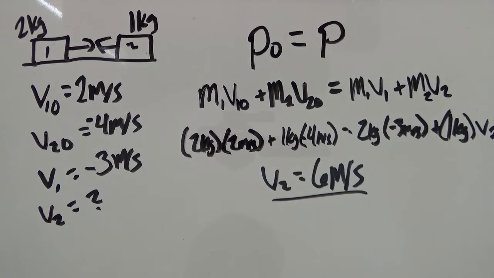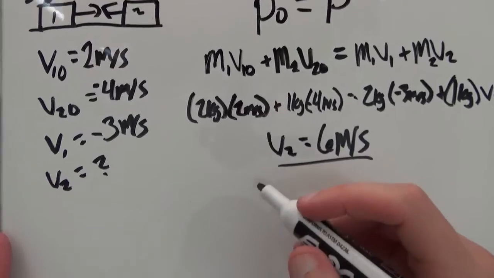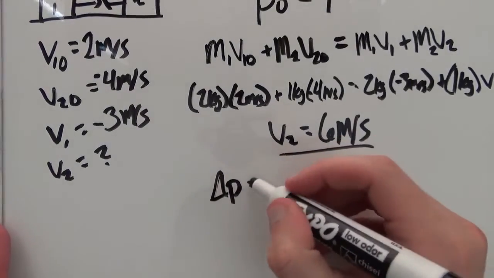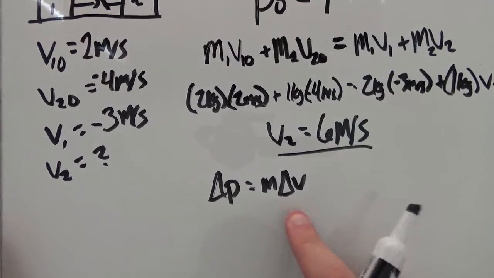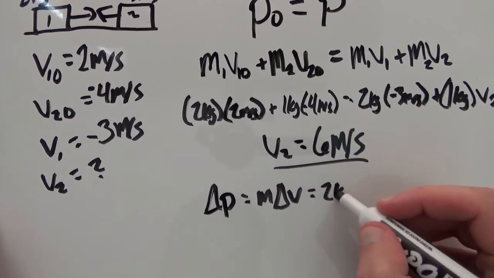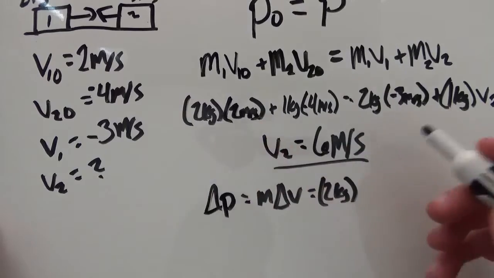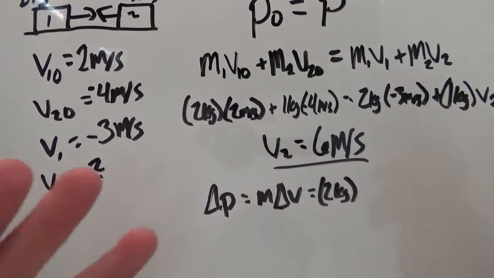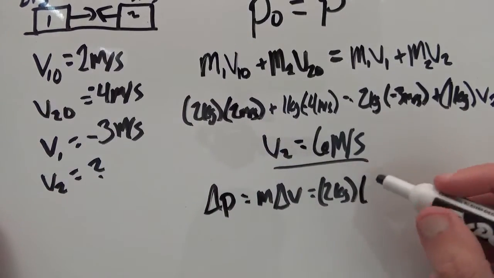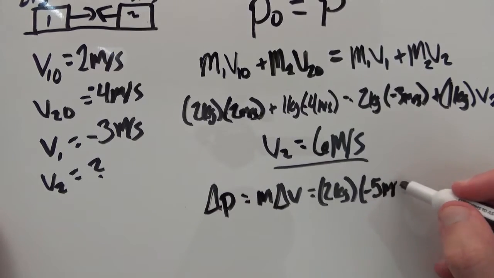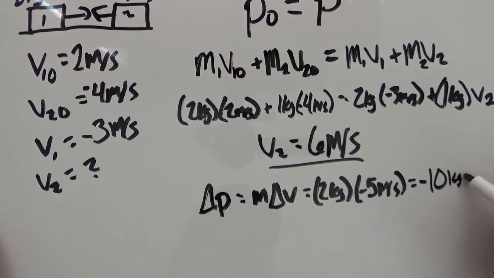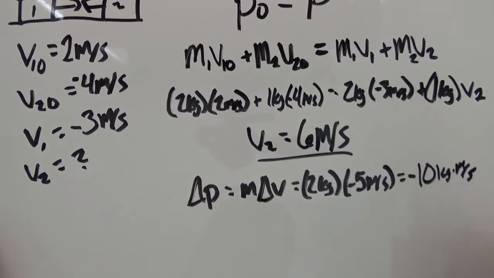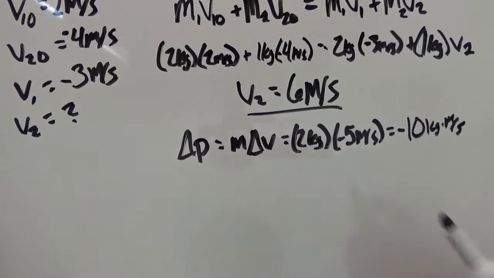And if we're calculating its change in momentum, it would be its mass times its change in velocity, right? That makes sense. Mass isn't changing, but velocity is. So our change in momentum here would be it changes by 5, right? Technically negative 5 if you're tracking, but that's not all that important in what I'm going to show you. So we have a change of momentum of 10 kilograms times meters per second. No pretty units for momentum, right?